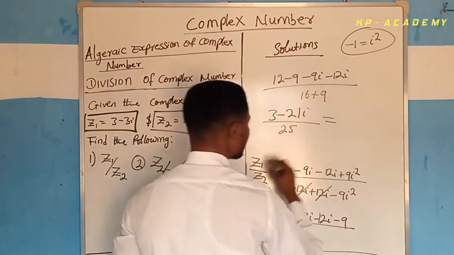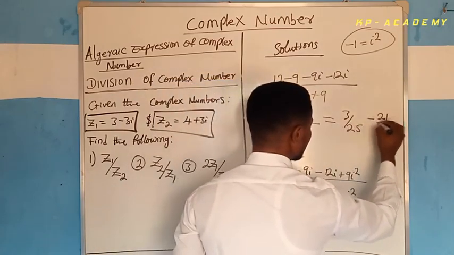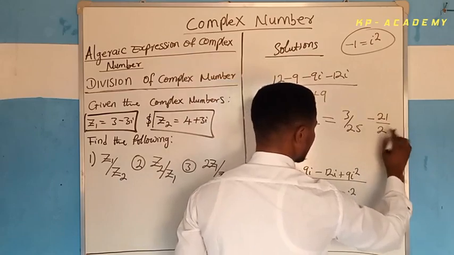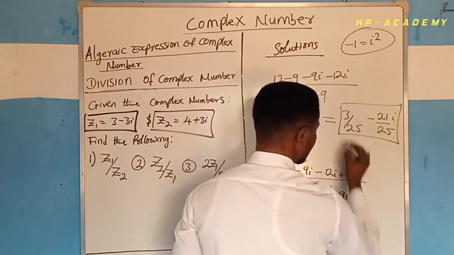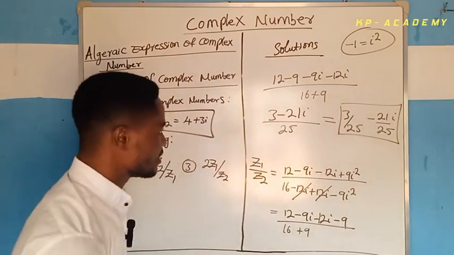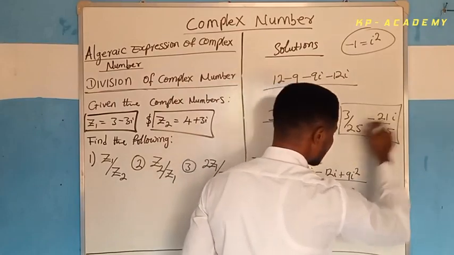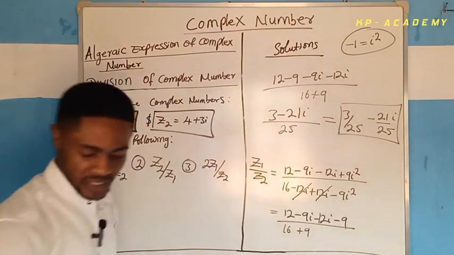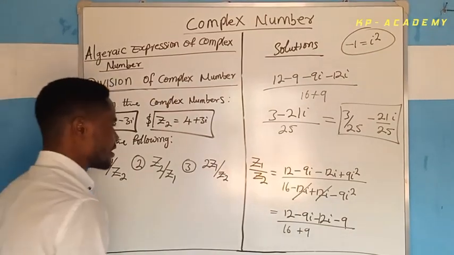So which we can now break down as 3 over 25 minus 21 over 25, then we attach this i. So this is the final answer in the form of a plus bi. So please very quickly go through it and take your notes.